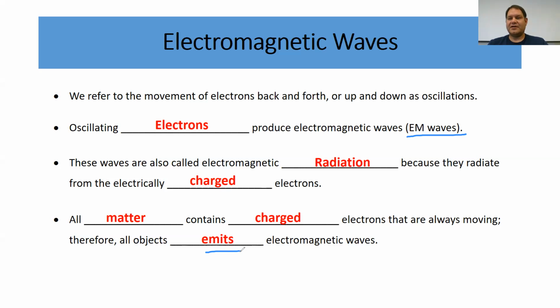So you are a light emitter, okay? You emit light. Your desk emits light. Your food emits light. Everything emits light, okay? Because it's made up of electrons. And that's important to make sure you understand.